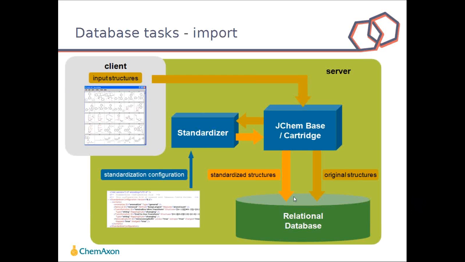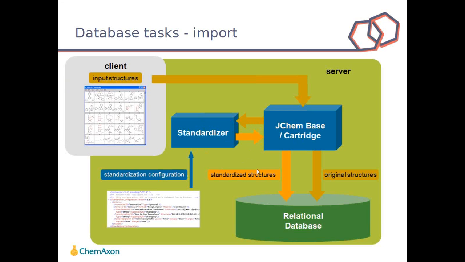As told earlier, to every table we have a standardization configuration, and upon import the structure is processed by the JChem base, and JChem base feeds the structures to standardizer, which will provide the standardized format of the given structures.